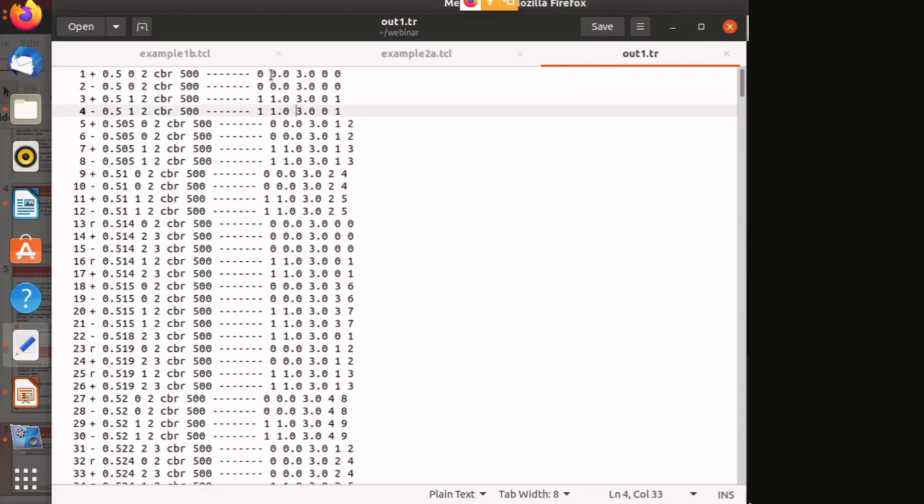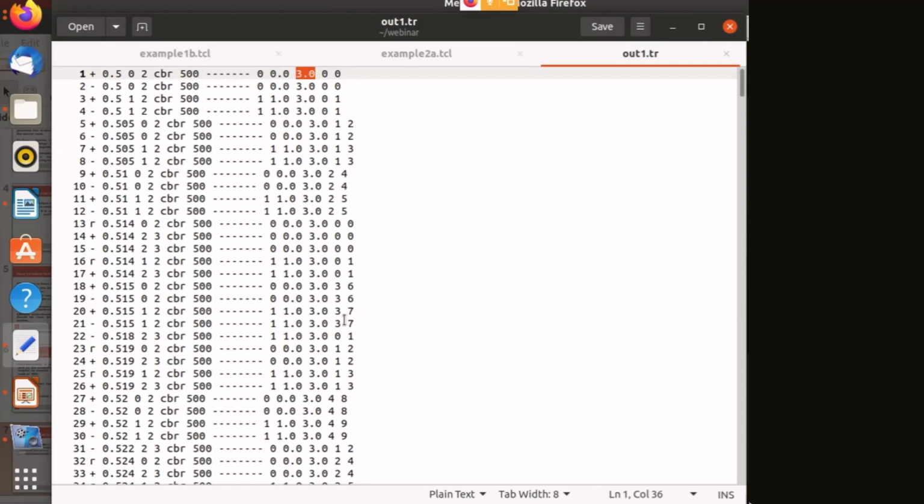Okay, this line shows the address and port number. However, you don't need to learn these 4 columns, but I am telling you, no problem. 0.0 and 3.0. 0.0 means this is the address and this is the port number. 3 means this is the address, this is the port number.